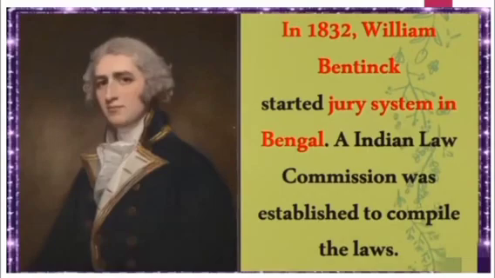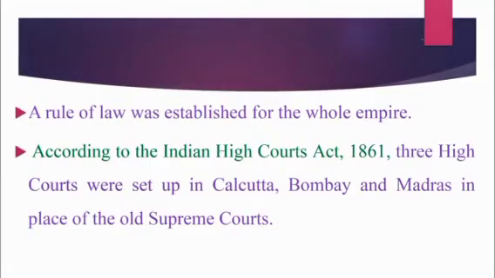An Indian Law Commission was established to compile the laws. Then, a rule of law was established for the whole empire. According to the Indian High Courts Act 1861, 3 high courts were set up in Calcutta, Bombay and Madras in place of the old Supreme Courts.